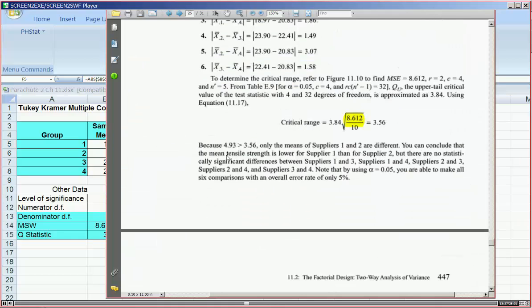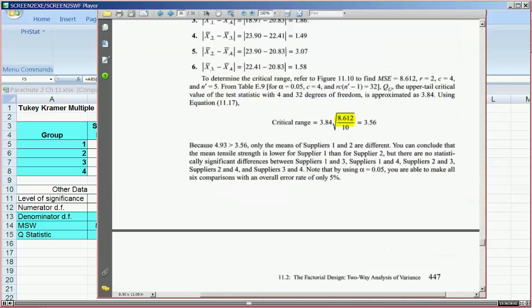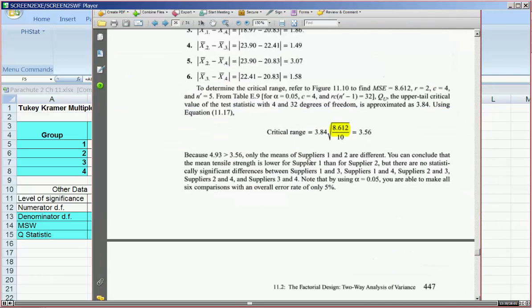They conclude by saying, because 4.93 is greater than 3.56, let's see what we had here. 4.93 exactly, right here. Only the means of suppliers 1 and 2 are different. You can conclude that the mean tensile strength is lower for supplier 1 than for supplier 2, but there are no statistically significant differences between suppliers 1 and 3, suppliers 1 and 4, suppliers 2 and 3, 2 and 4, and 3 and 4.